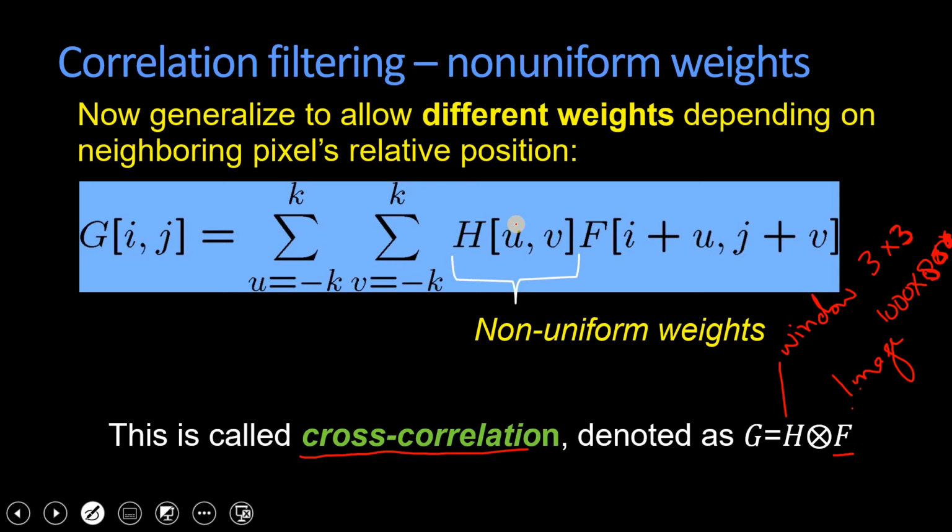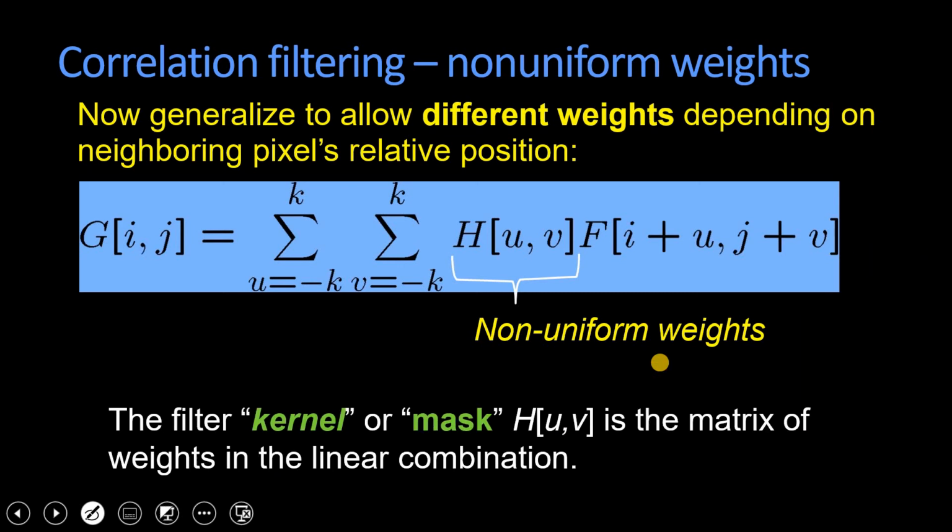We call it cross correlation or correlation, and there is a special symbol for this. It is this symbol, a cross inside the circle. This is the correlation symbol. Clear? This small window that we use is normally called a mask or kernel.